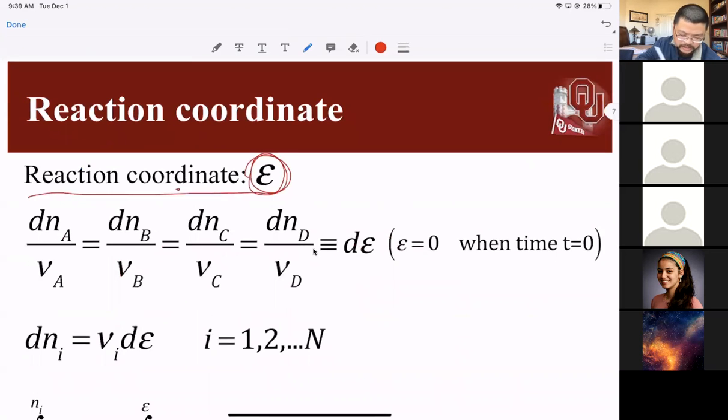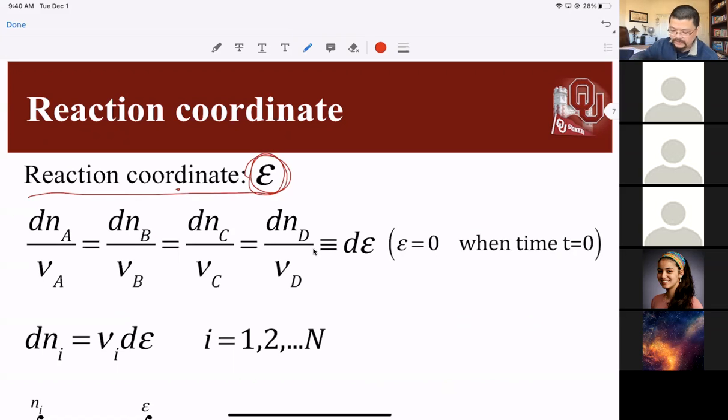We use the name coordinate because that is a good descriptor for us to see whether it's moving from 0, which means no reaction at all, at the very beginning of the reaction. And then in the end, we are going to have some value of that epsilon.